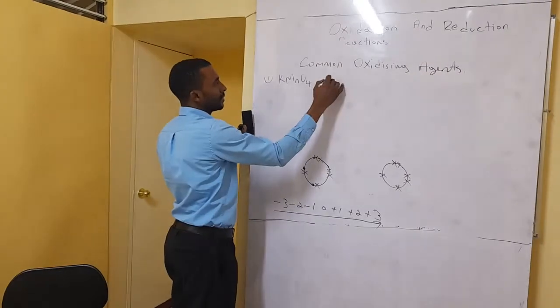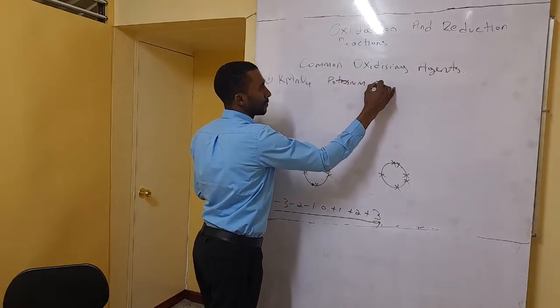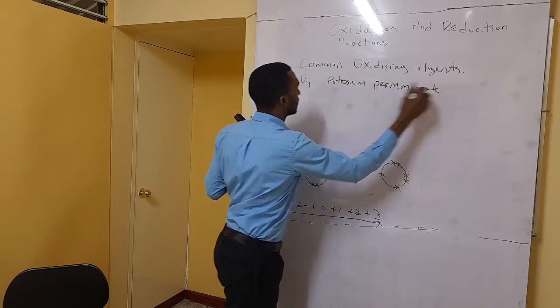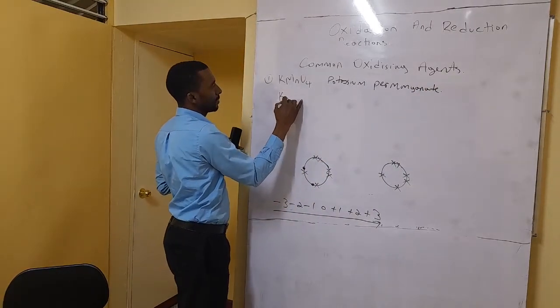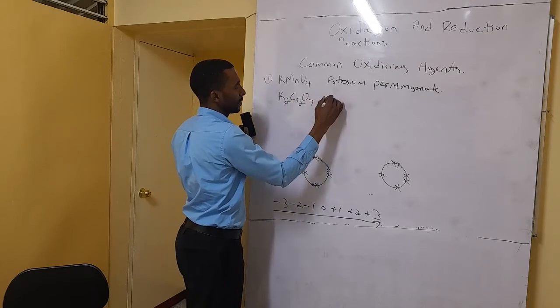Potassium permanganate, so this is potassium. Potassium dichromate, K2Cr2O7.